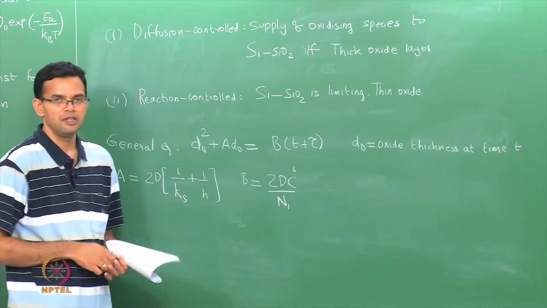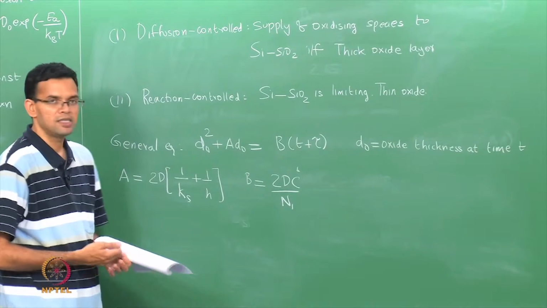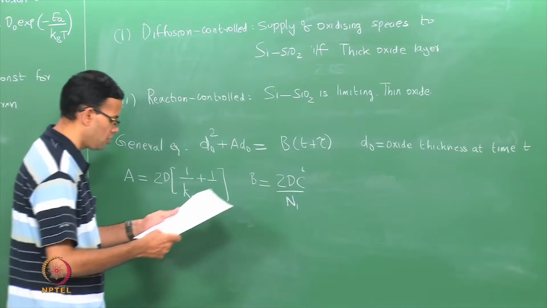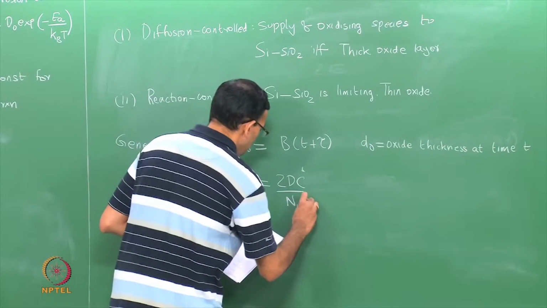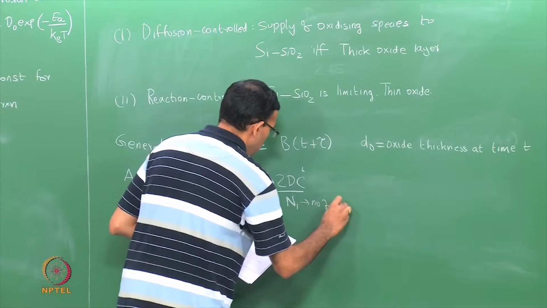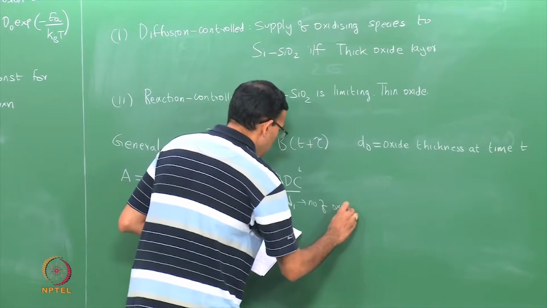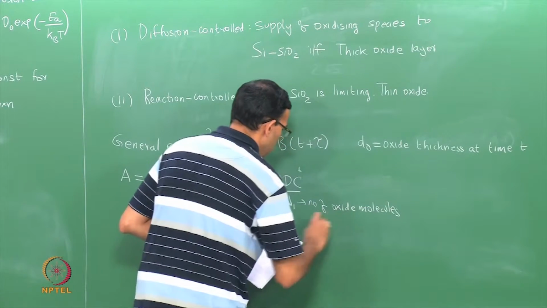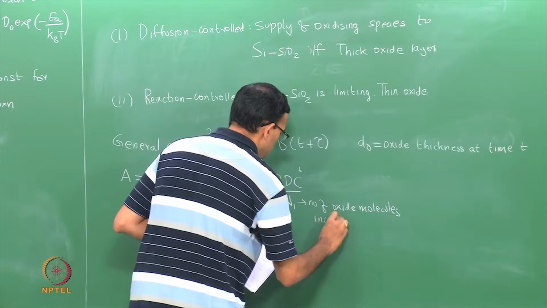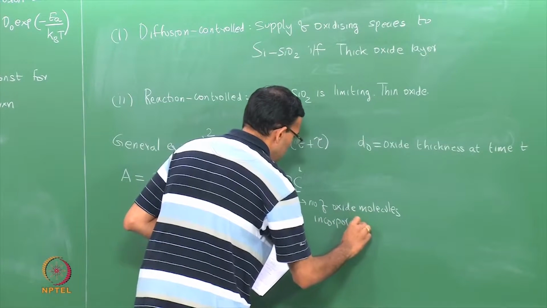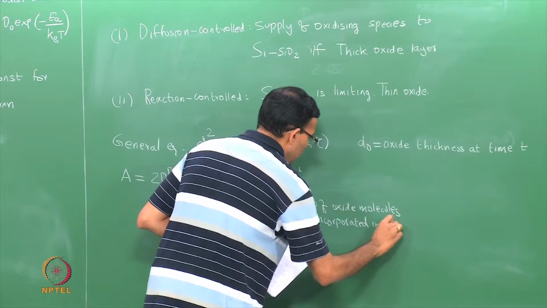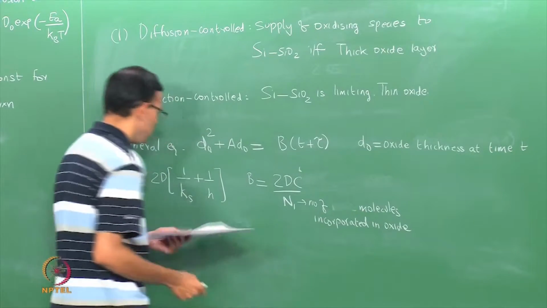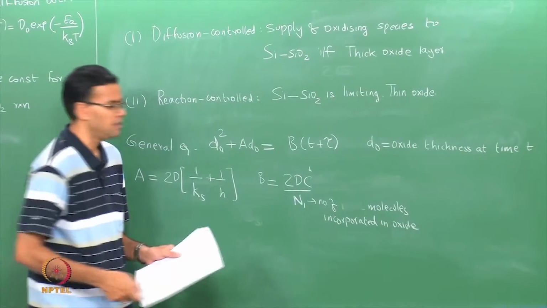So, d again is the diffusion coefficient, C star is the bulk concentration of the diffusing species in the oxide, and N1 is the number of molecules incorporated in the oxide layer. So, this is again the diffusing species.